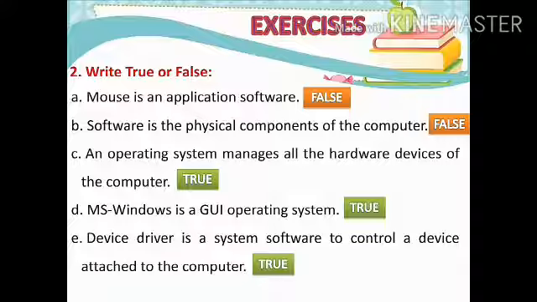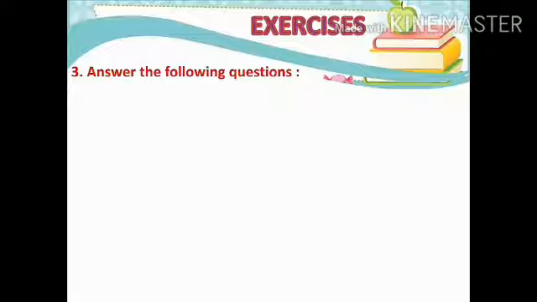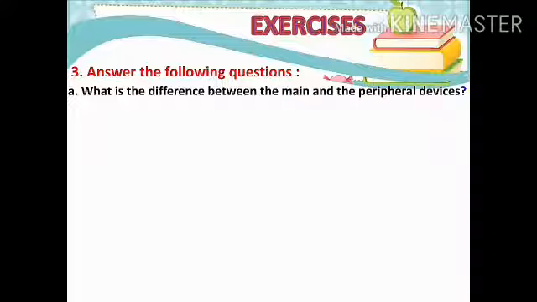Now we are moving to another section of the exercise, and that is answer the following questions. The first question is, what is the difference between the main and the peripheral devices?